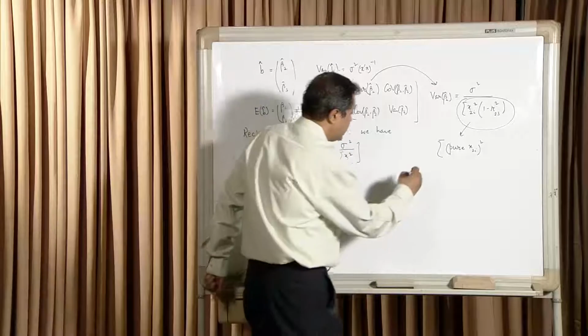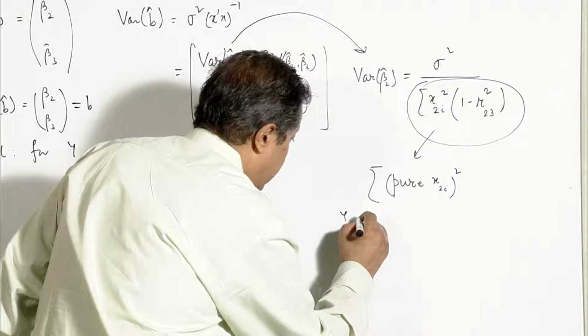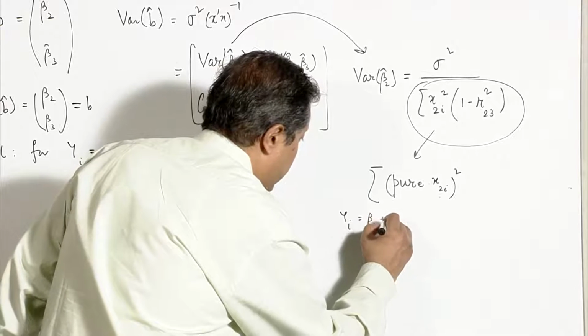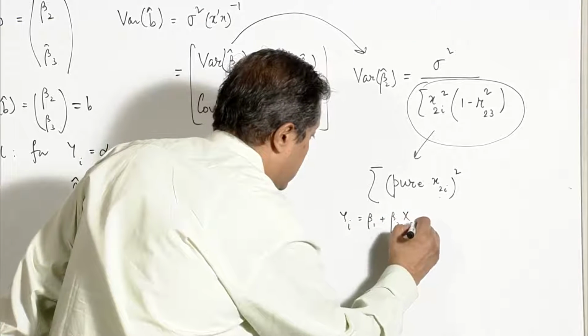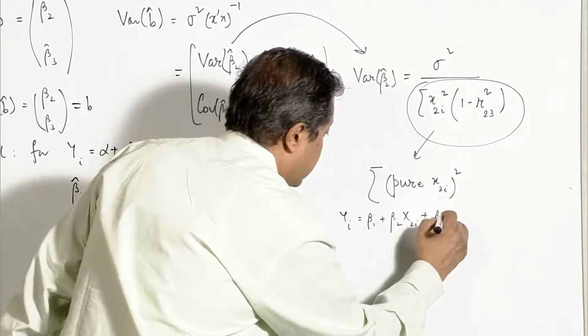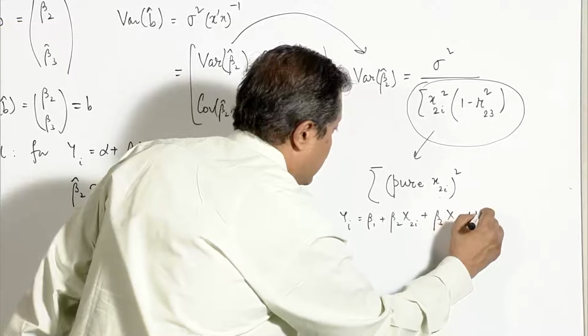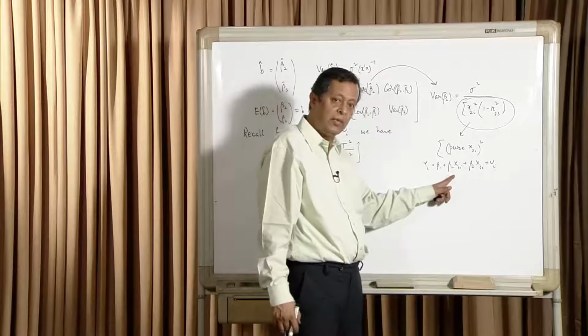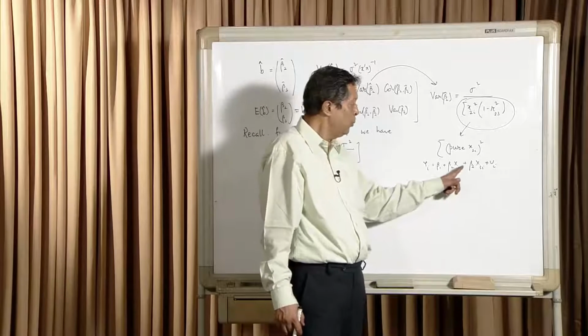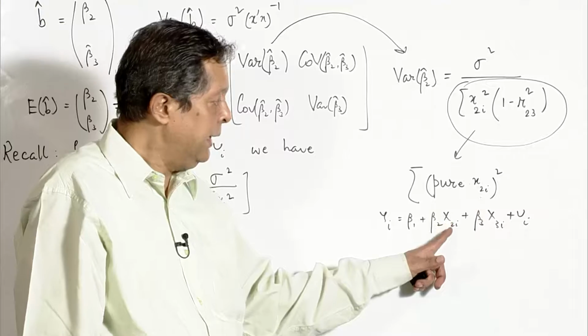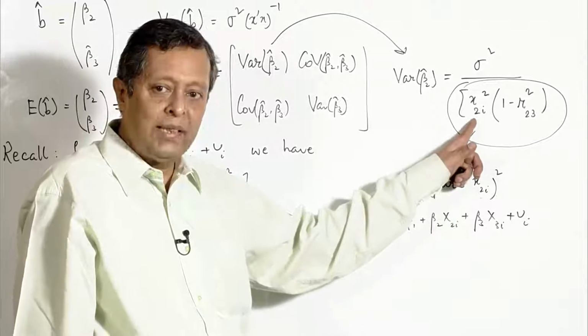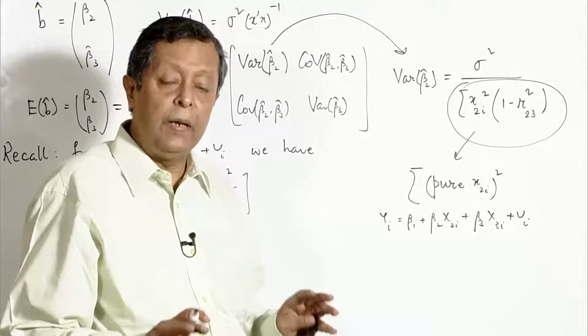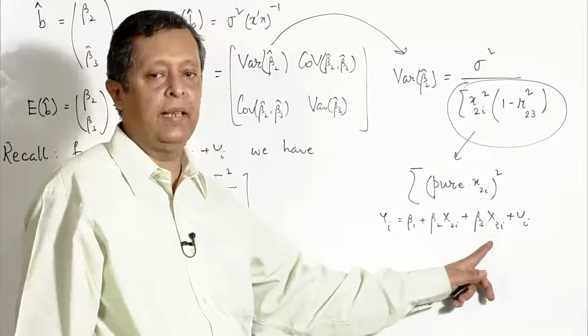The model is yi is equal to beta 1 plus beta 2 x 2i plus beta 3 x 3i plus ui. That is the three variable model where you do not have only x 2, you also have x 3. So, pure x 2i square is x 2i square cleansed or purified of the effects of x 3i.